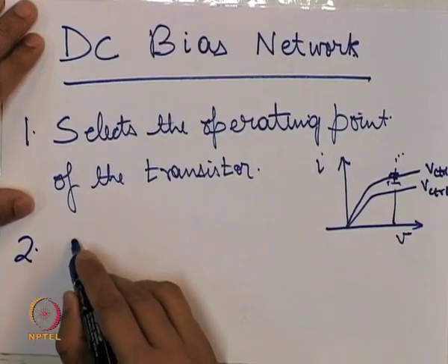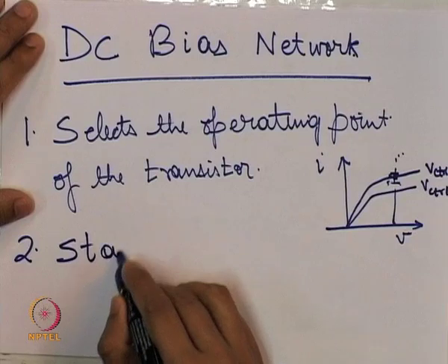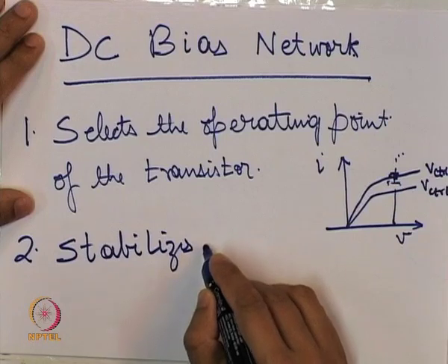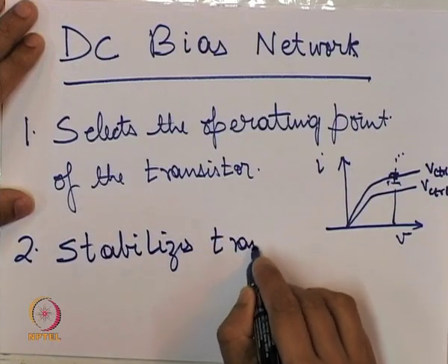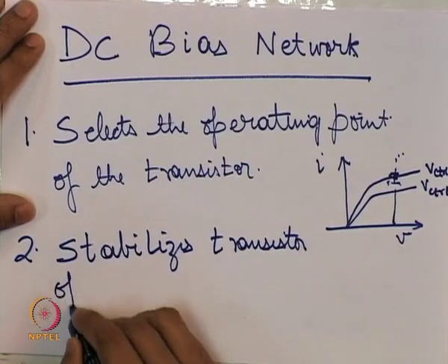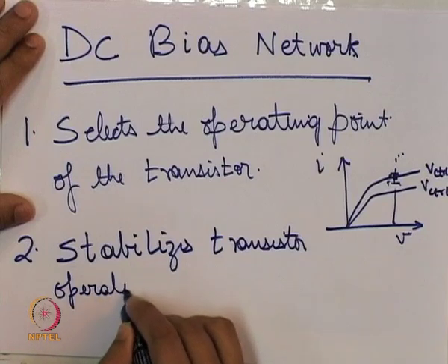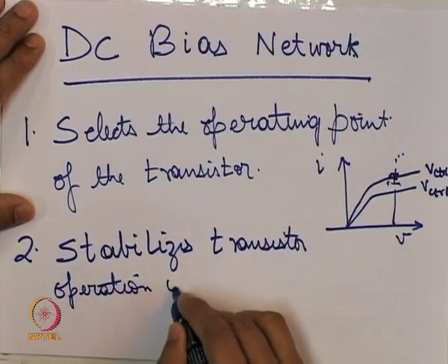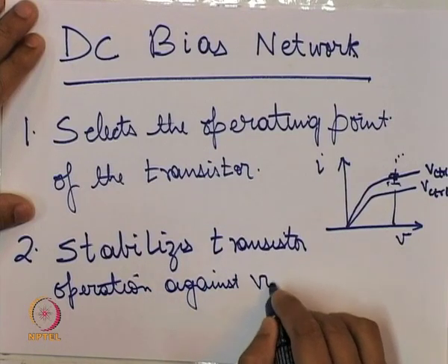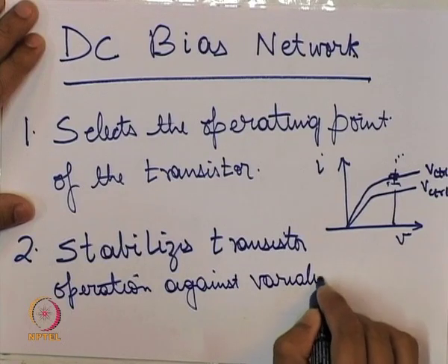Then the other purpose is that it stabilizes. The DC bias network also stabilizes transistor operation against variation of temperature.